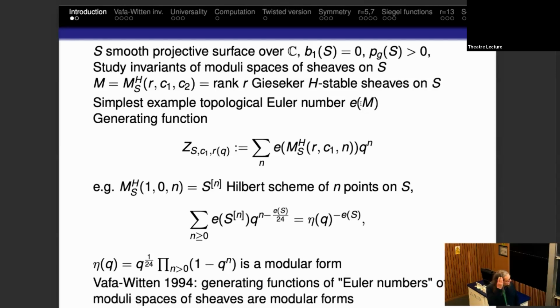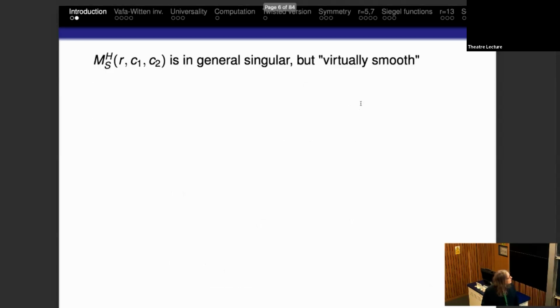Very roughly speaking, in 1994, Vafa and Witten had this paper, A Strong Test of S-Duality, where they say something different, but if one wants to say it very naively, one could say the generating function for the Euler numbers of the moduli space of sheaves should be modular forms. We'll see what the more precise statement is.